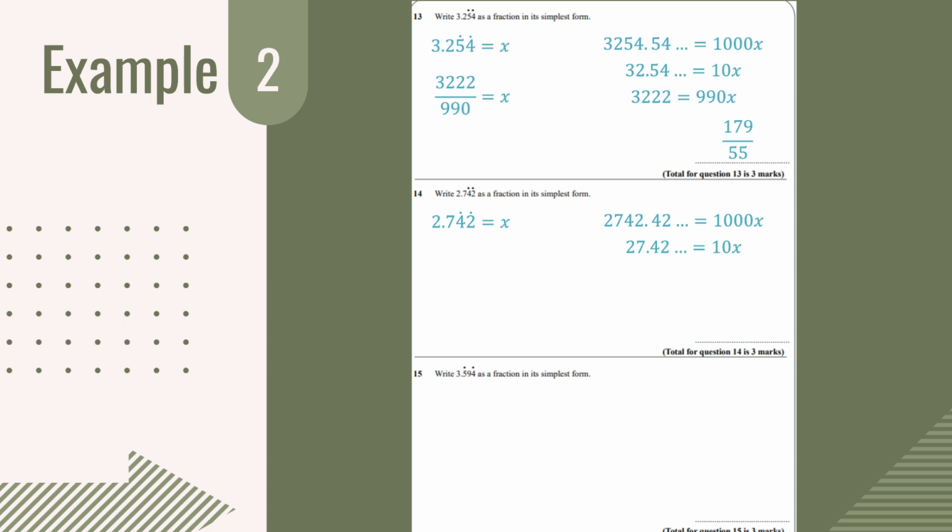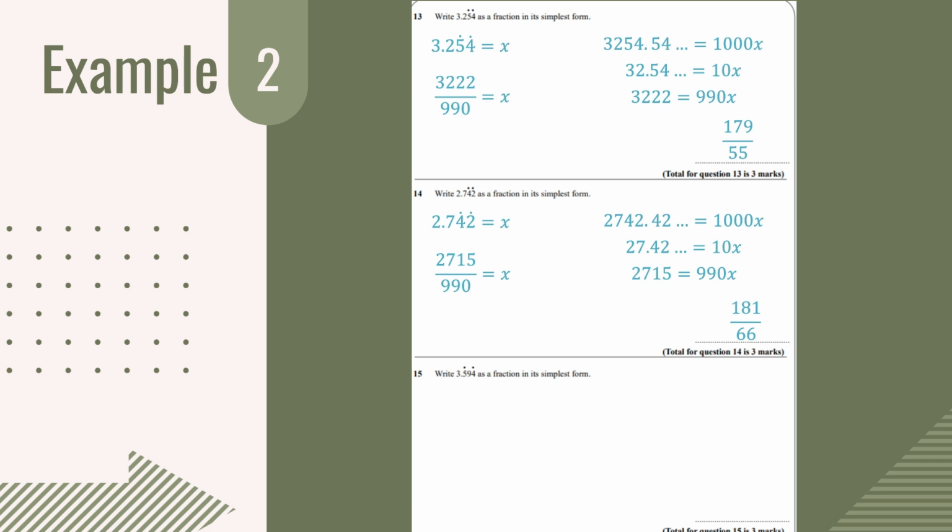Now, we did what we did before, and we'll get 990x equals 2,715. And 2,715 divided by 990 will get us to x, giving us the answer of 181 over 66. And that, as a mixed number, would be 2 and 49 over 66.